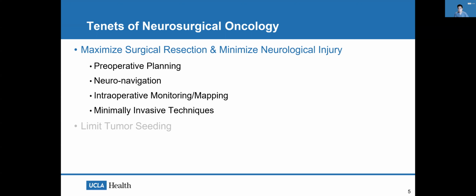From there, we use neuronavigation, which essentially serves as GPS for the brain while we're in the OR. And then we can use intraoperative monitoring and mapping in order to ensure that we're removing the tumor safely, and then use minimally invasive techniques when appropriate.